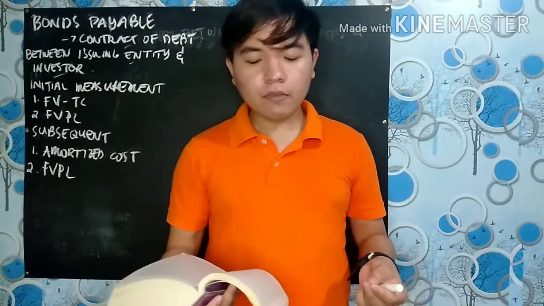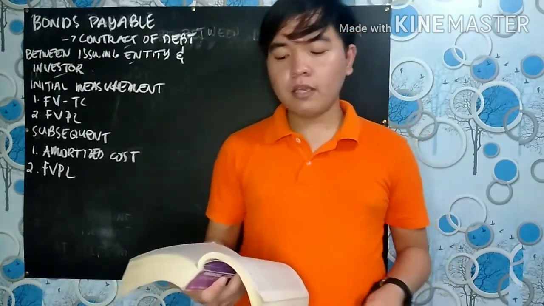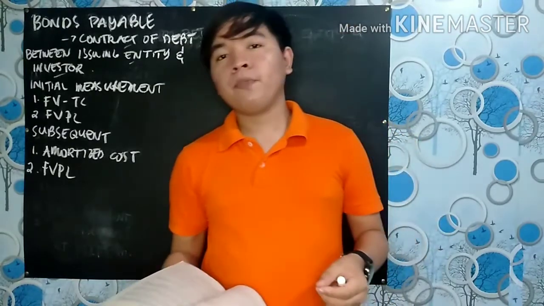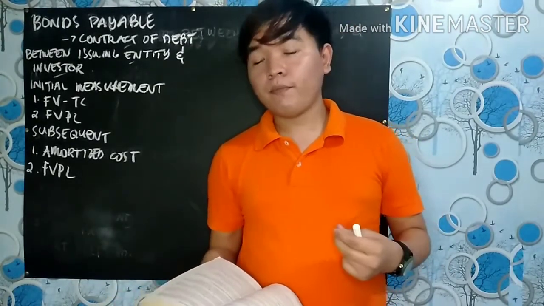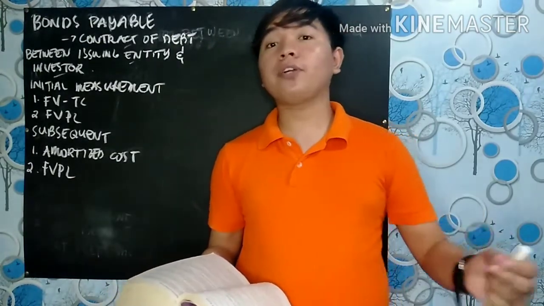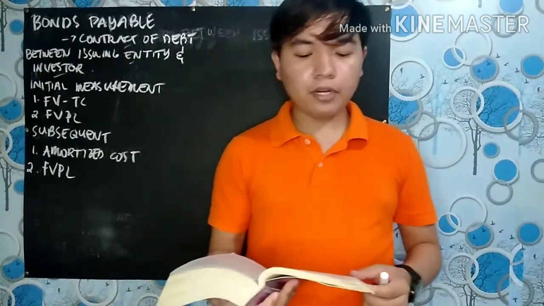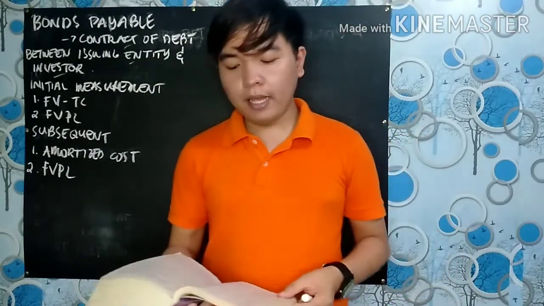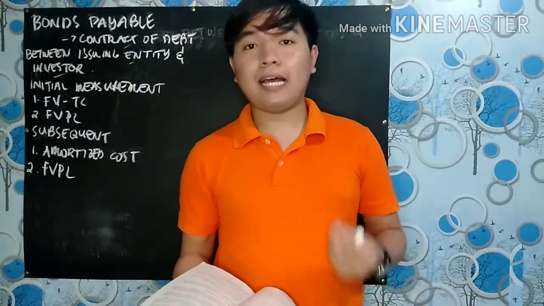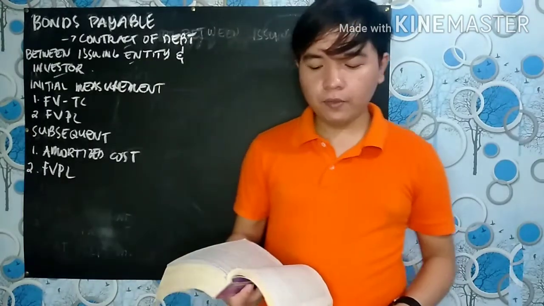Okay? Number two is collateral trust bonds. Are bonds secured by shares and bonds of other corporations? So, it is secured by our shares on the part of the issuing entity and other bonds of other corporations. Number three is debenture bonds. Pag debenture bonds naman, ito yung mga unsecured bonds or without collateral. Okay?